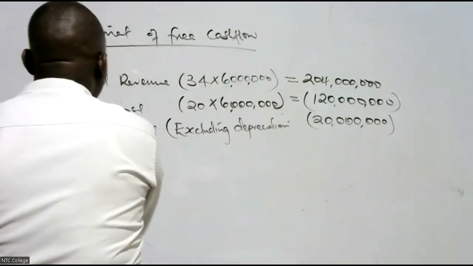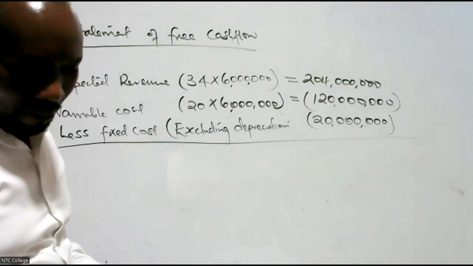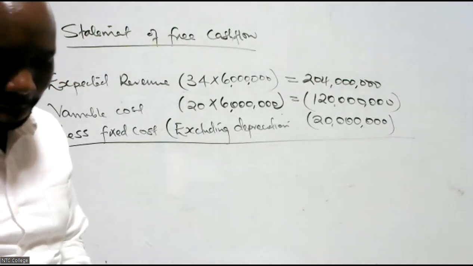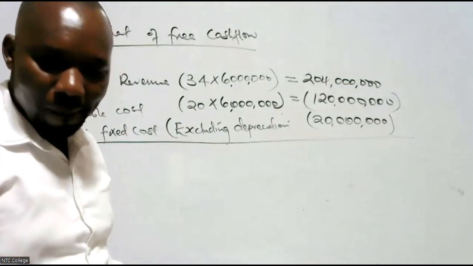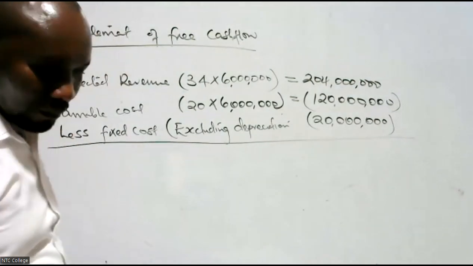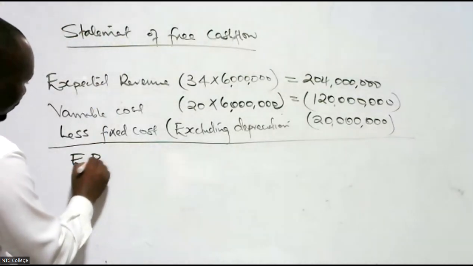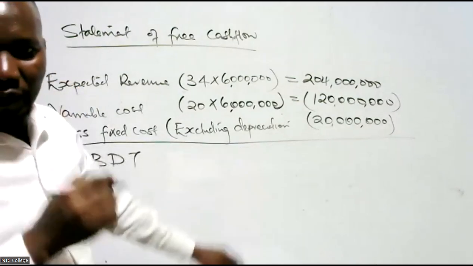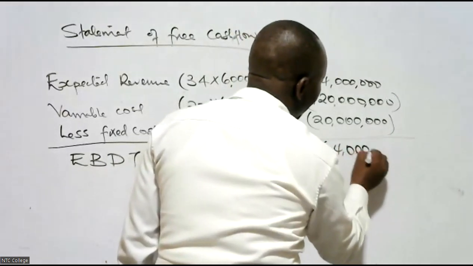So what is your profit before depreciation and tax? Get me the earnings before depreciation and tax. What do you get here? 64,000 or 64 million.